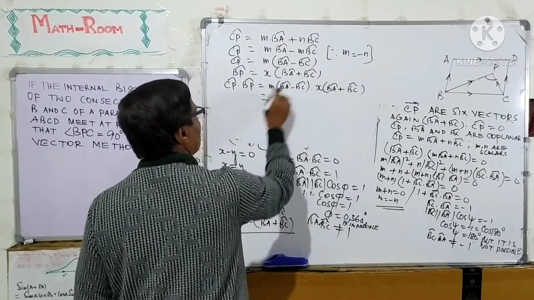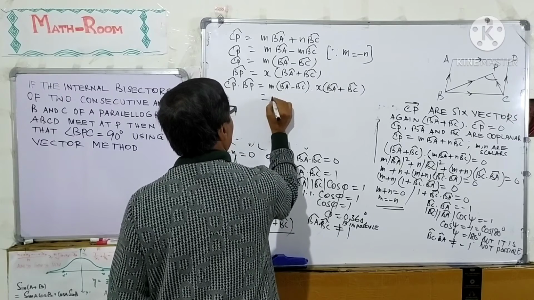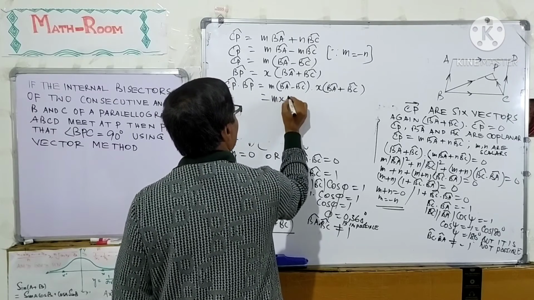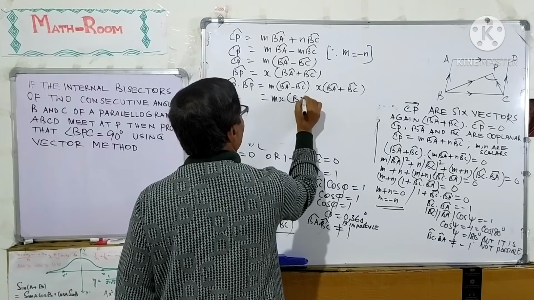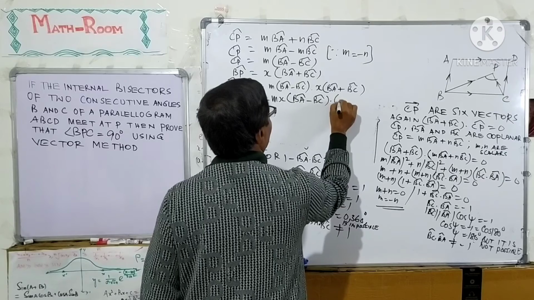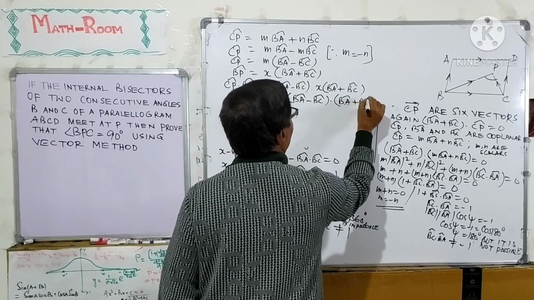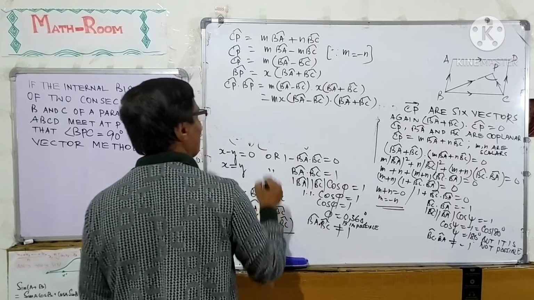These are two scalars, M, X. So, we can write MX into BA cap minus BC cap dot BA cap plus BC cap.